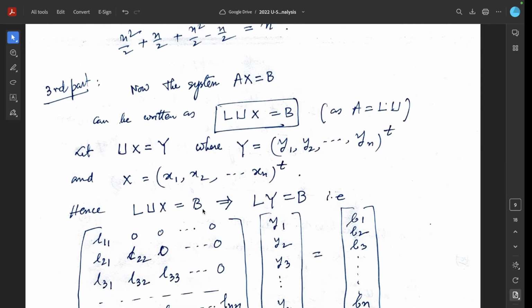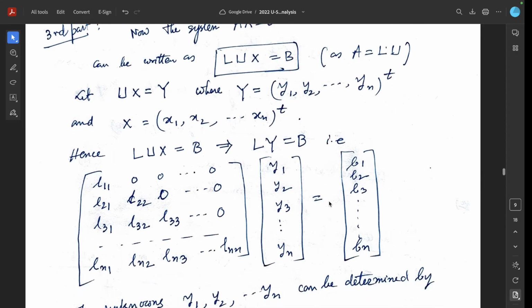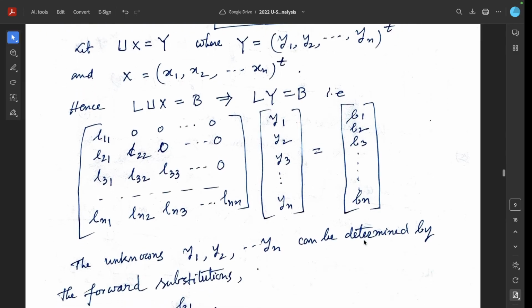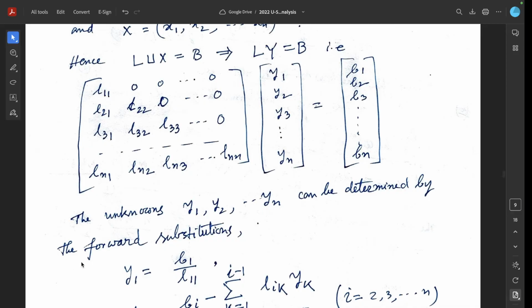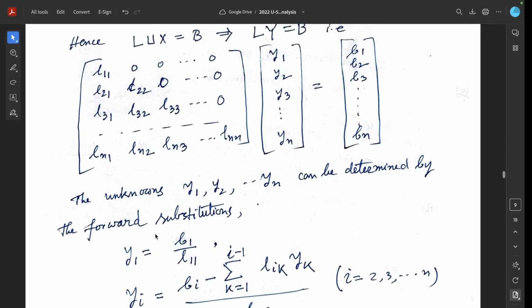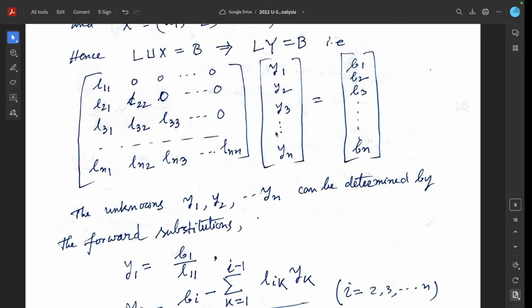So LUx equal to b implies Ly equal to b. That is, L is the lower triangular matrix. Already we find this, and y is this column vector, and b is this b1, b2, bn column vector. The unknowns y1, y2, yn can be determined by the forward substitution. Multiply first row into this column, second row into this column equal to this element.